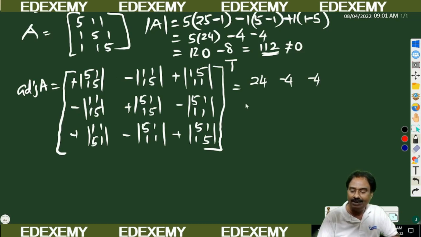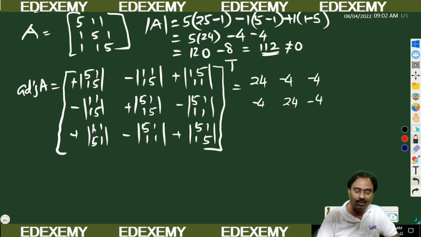Similarly, here one minus is here, therefore 5 into 1 is 5, 5 minus 1 is 4. Here 5 into 5 is 25 minus 1 is 24. Here minus is here, therefore put minus here. 5 into 1 is 5, 5 minus 1 is 4, so minus 4.